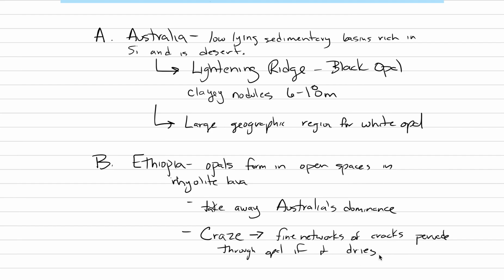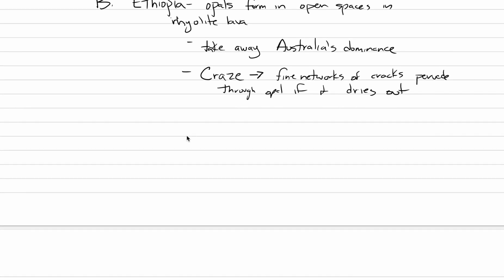And so what ends up happening is that the Ethiopian opals are very rich in water, and if you do not keep them in a watery, humid type environment, they're going to lose that water and they're going to craze. And so you might buy this beautiful, stunning opal that then just cracks up, and it cannot be fixed. Once it happens, it's over. So this is one of the problems people are experiencing with Ethiopian opals.